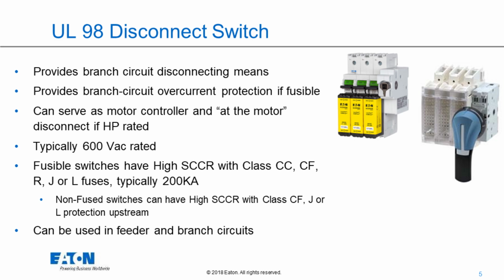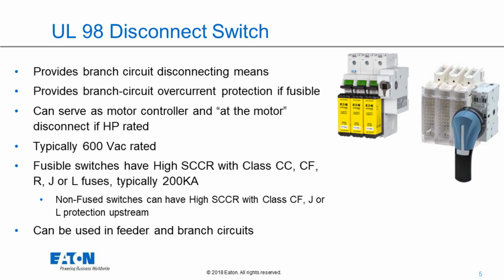You can get it with PLC monitoring accessory, auxiliary contacts. And this one has a through-the-door operator. We're not showing the shaft or handle. The handle mounts on the outside of the enclosure.